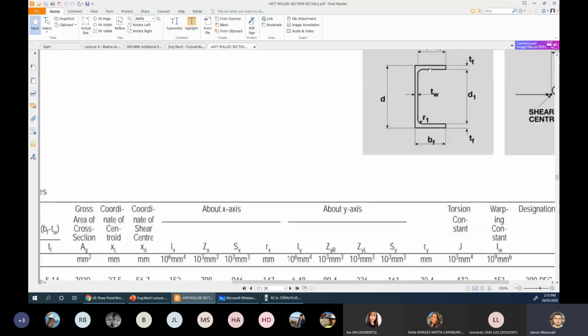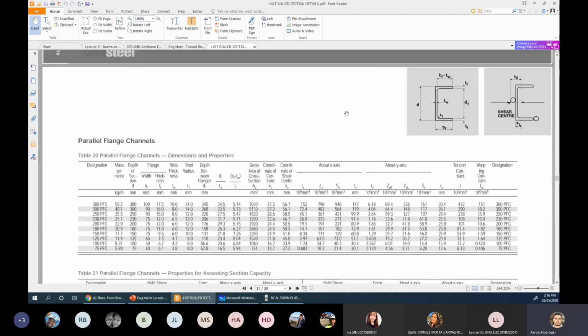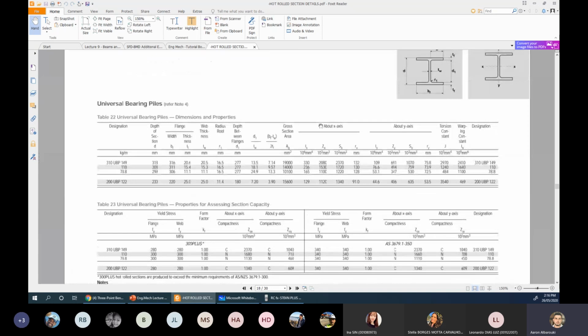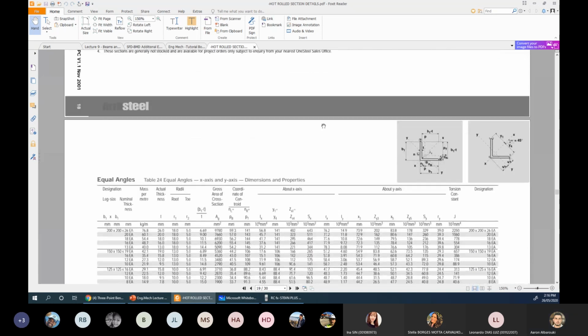The two flanges here are not parallel 100% to each other. They are tapered. They get smaller here. We call them tapered flange channel. That's universal bearing bars, which is similar to the universal beams.